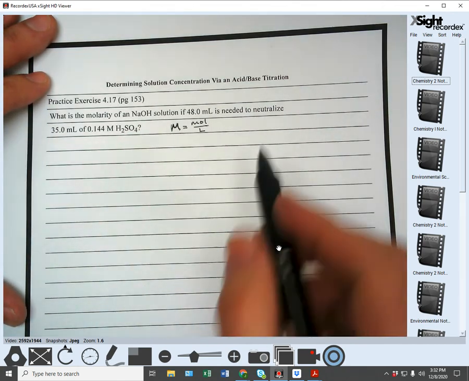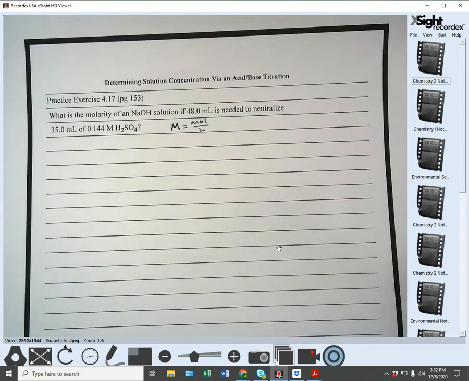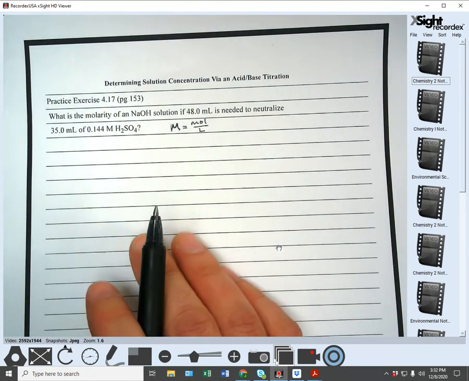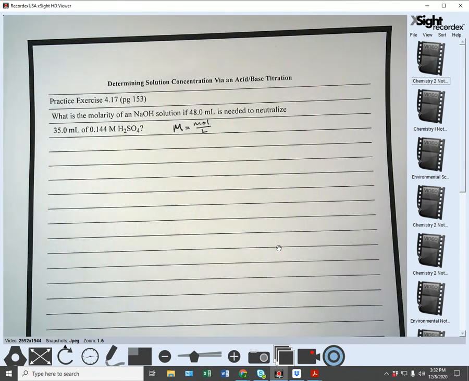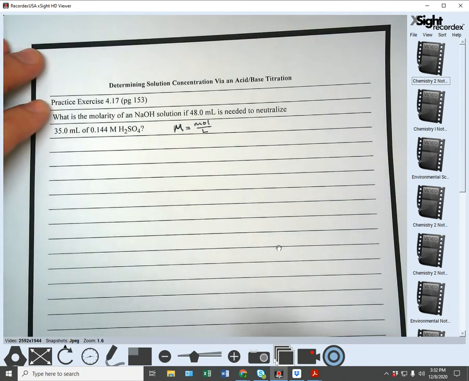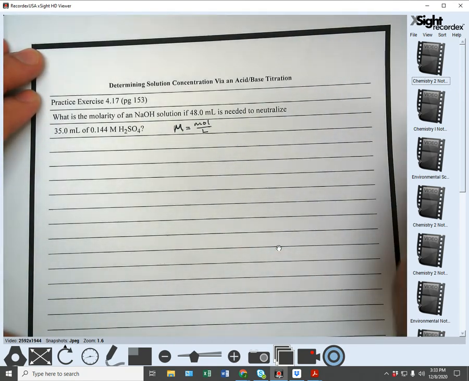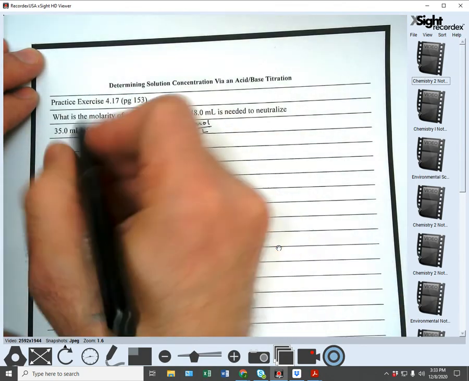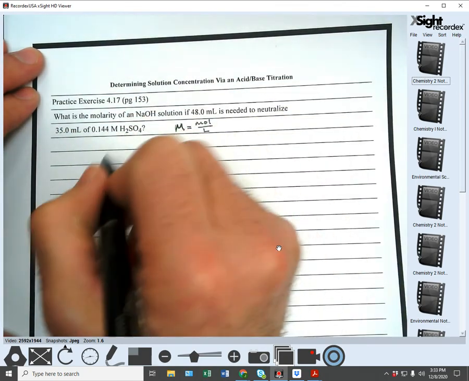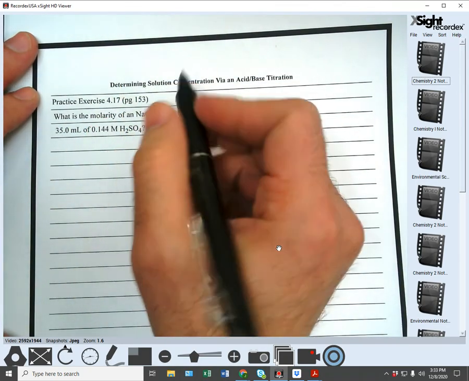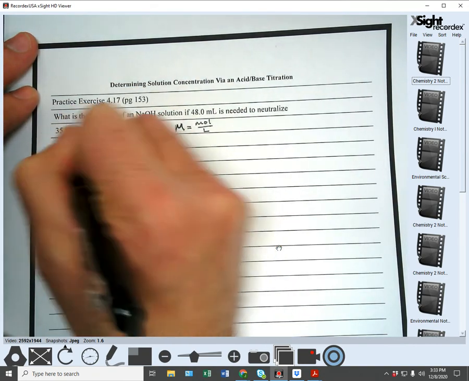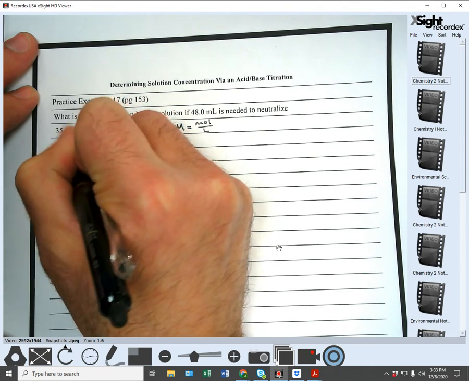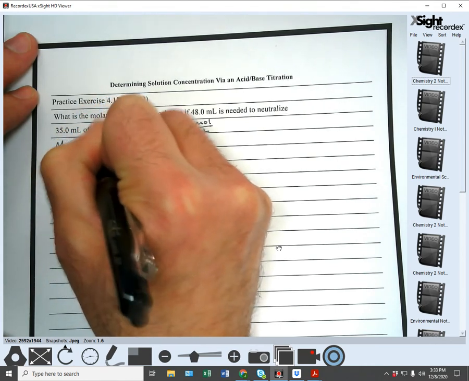what do we need? I'm going to do this in different colors here. So we're looking for the molarity of NaOH.